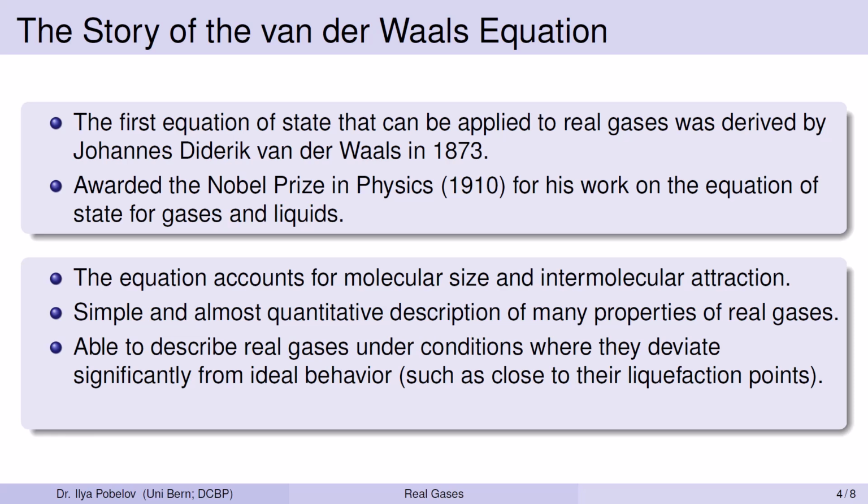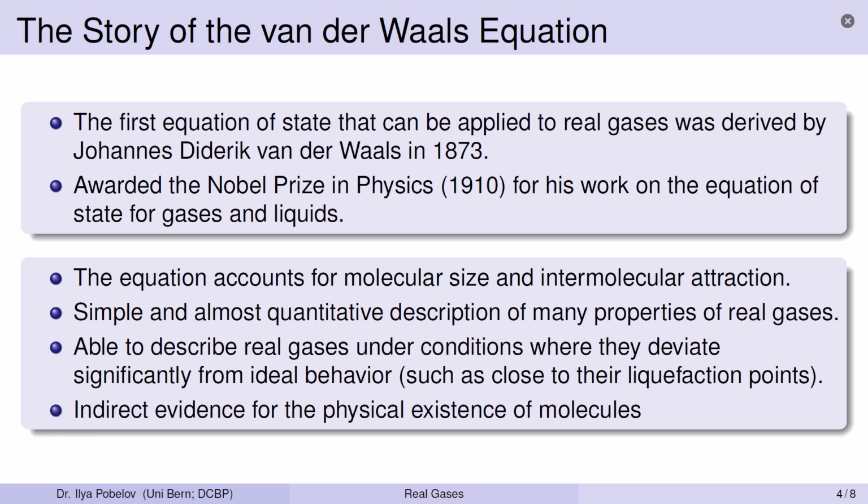Although the concept of molecules had been proposed, their definite existence and nature hadn't been conclusively proven. The success and empirical validity of the van der Waals equation, which accounted for molecular size and intermolecular attractions, served as compelling evidence supporting the molecular theory.